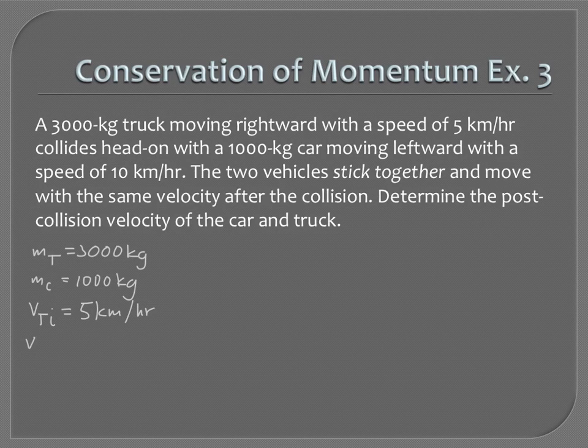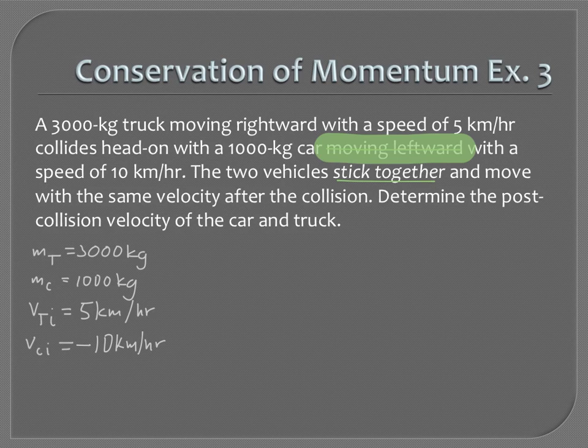Alright, now the tricky part here is the initial velocity of the car. I'm going to highlight it here. It's moving leftward. So that means it's moving in the opposite direction, so we got to make it negative 10 kilometers per hour. Now the both vehicles stick together. That means their masses add up. You add their masses on the after side, and they move with the same velocity after the collision.